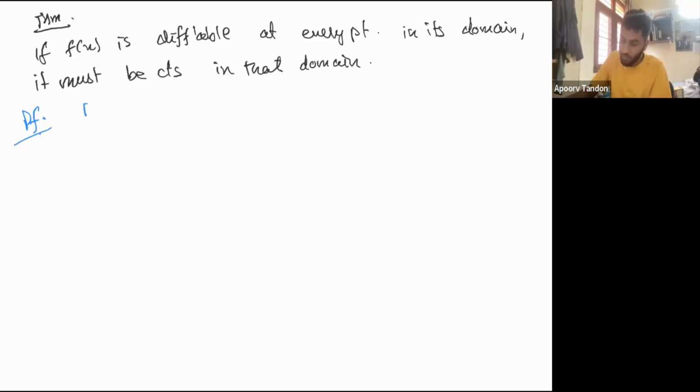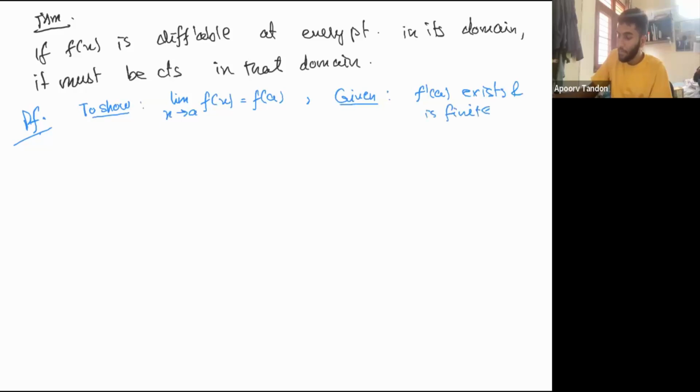Our aim is to show that the limit as x tends to a of f of x is equal to f of a, and we are given that f dash a exists and is finite. So we have to get from the given to this.